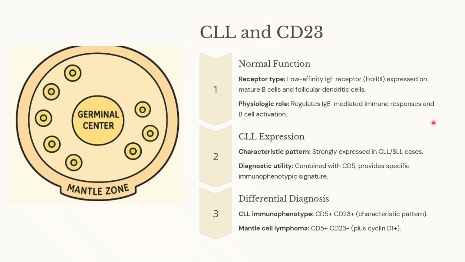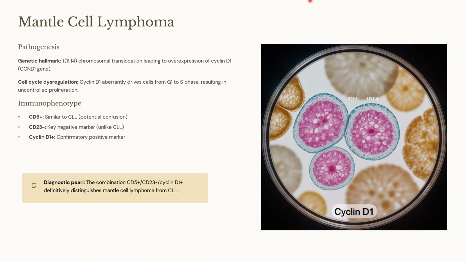So CLL is CD5 positive as well as CD23 positive. But mantle cell is CD5 positive but CD23 negative because it proliferates early and never matures. So, a summary: mantle cell is CD5 positive but CD23 negative and cyclin D1 positive.